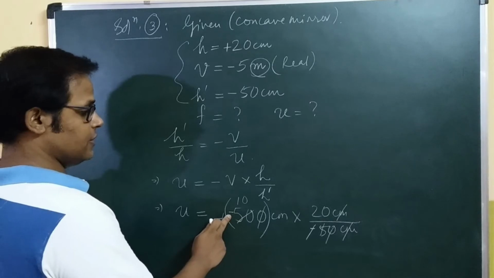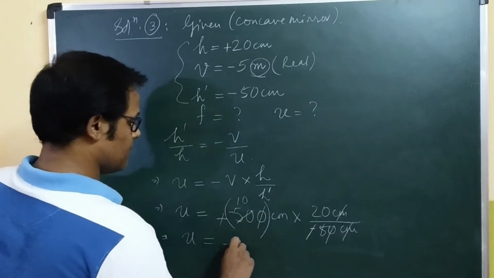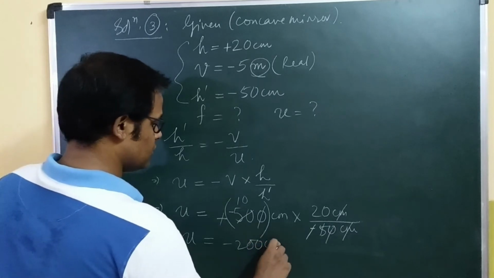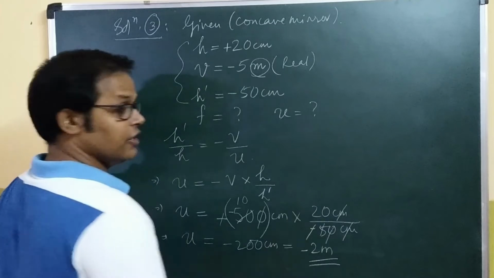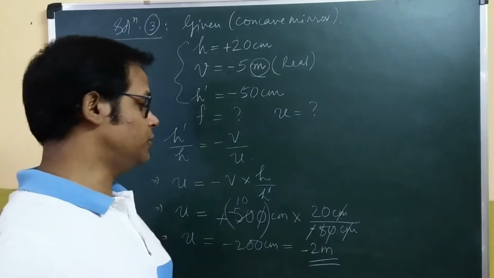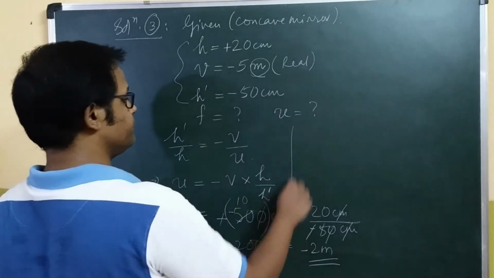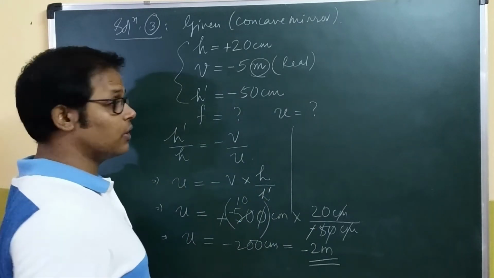So you'll find that it is 10 into 20. So that is going to be minus 200 centimeters, or you can directly say the object is standing at a location of 2 meters away from the mirror. 2 meters. Okay, good.